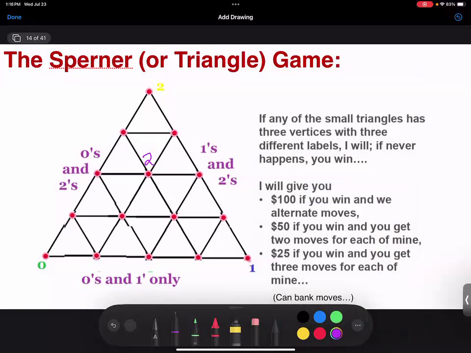All right. So you have in the bank right now, you have 3 moves. So you have up to 6 moves right now, right? Because this is your second turn.